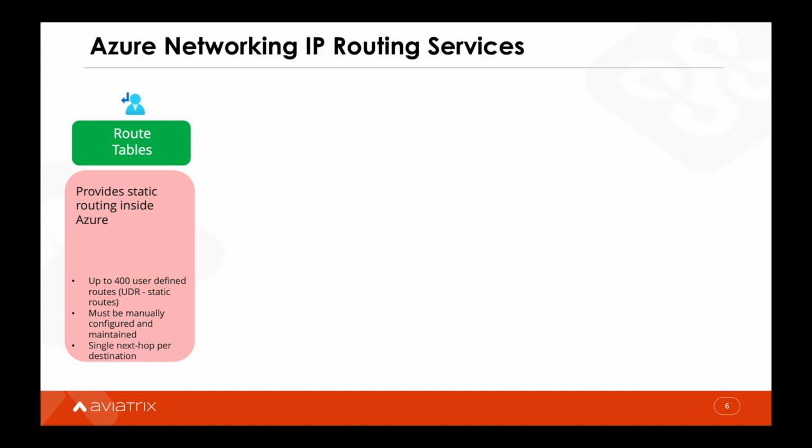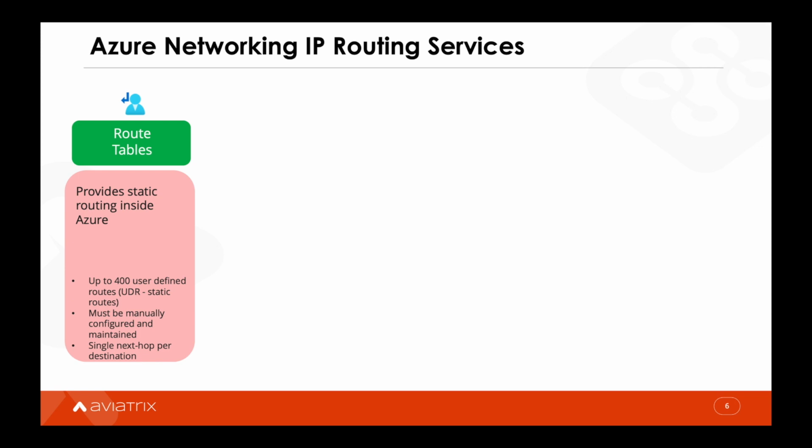Sometimes this is not desirable and more complex routing scenarios are needed. Route tables provide a way for users to configure up to 400 static routes in a subnet. Only a single route table can be assigned per subnet, and a single route table supports up to 400 static routes.